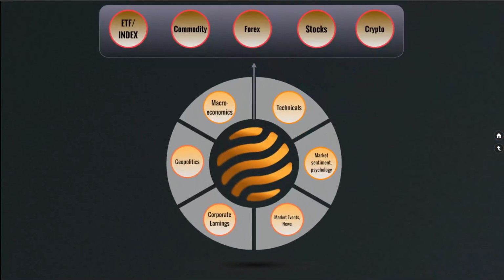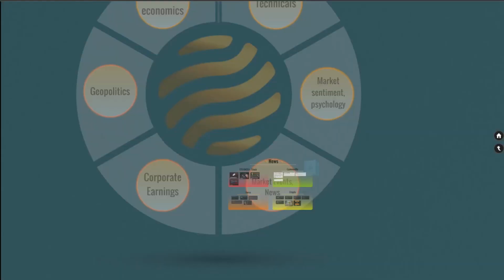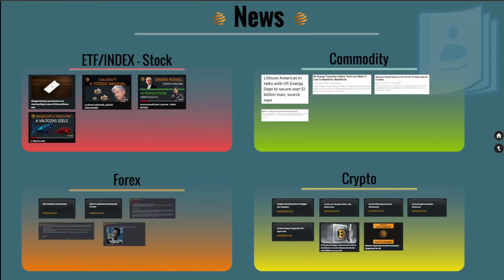And then the fourth main driver is the market events and news, obviously, because the news are directing the narratives, and the retail traders are reacting to the narratives. Not a very wise thing, but that's what it is. And as you can see, a lot of these news are coming from our websites.